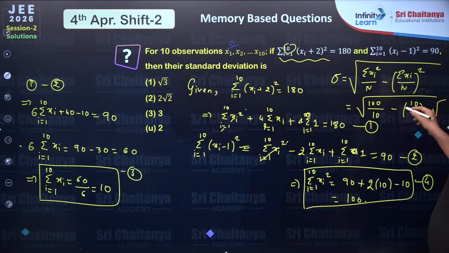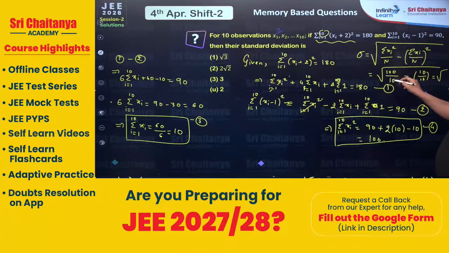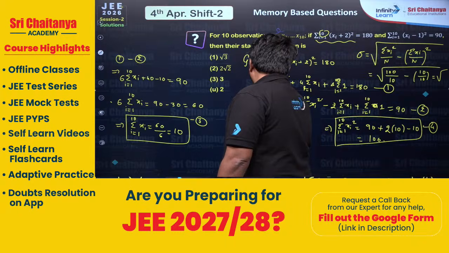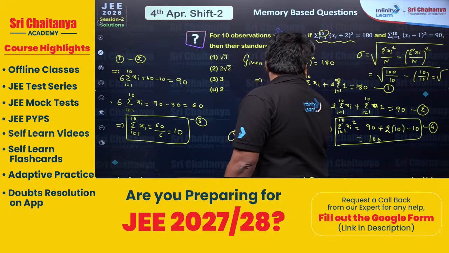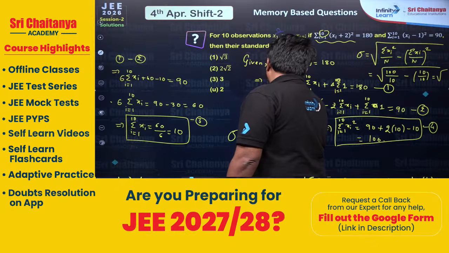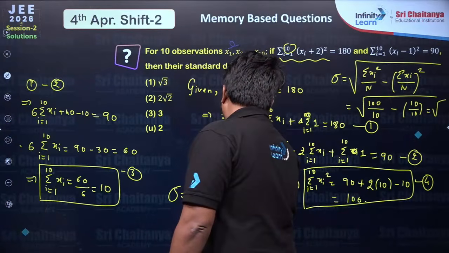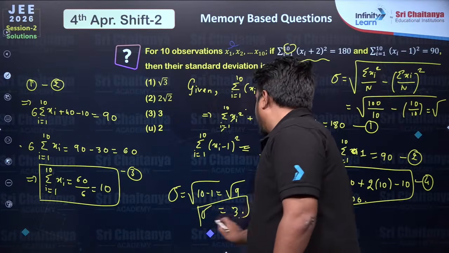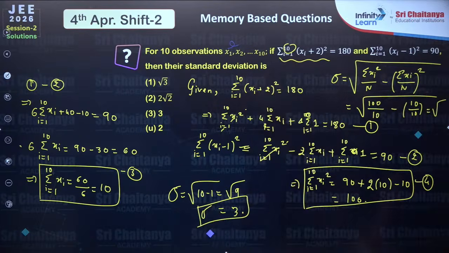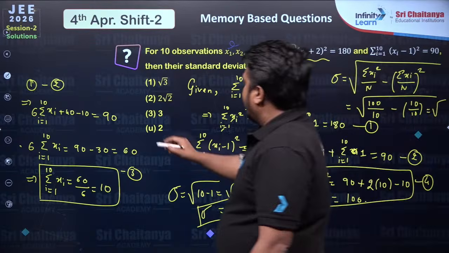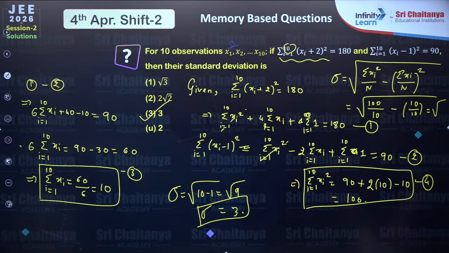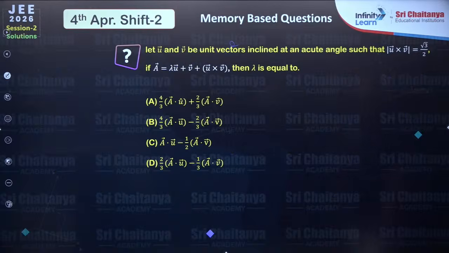So this will be under root of 10 minus 1. So sigma is under root of 10 minus 1, that is root 9, which will be equal to 3. Okay. So I hope this problem is clear to everyone. So we have option 3 as 3. Okay, fine.